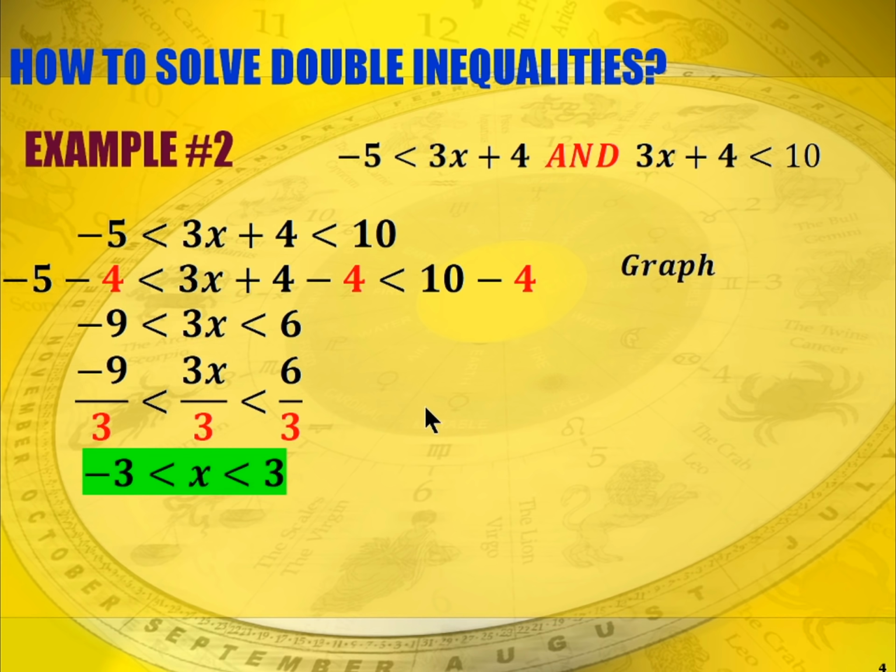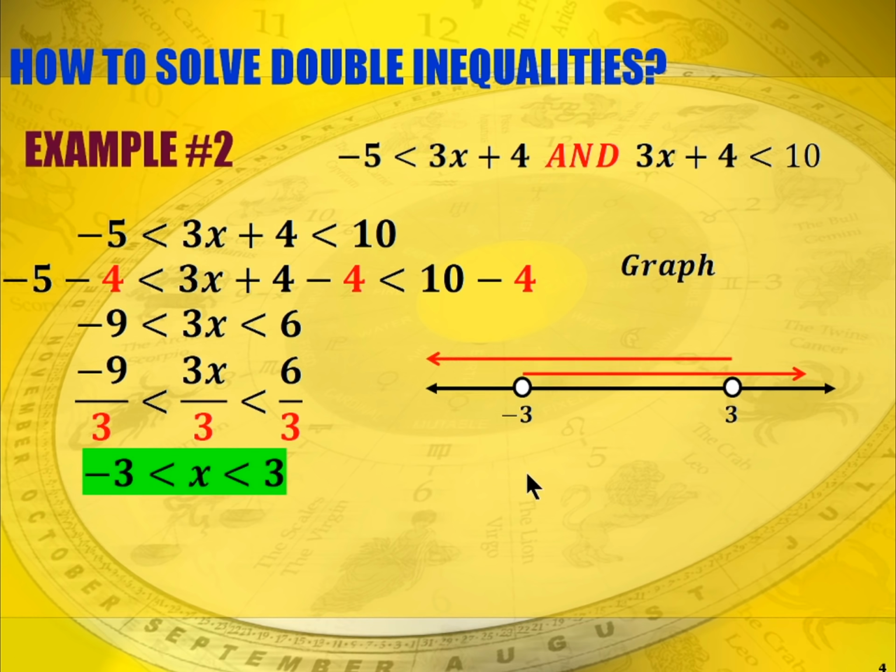Okay, we're going to graph the solution set. So we have the number line, we have points negative 3 and 3. Alright, so x is greater than negative 3, this is the graph. X is less than 3, this is the graph.